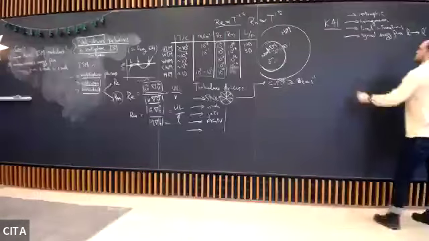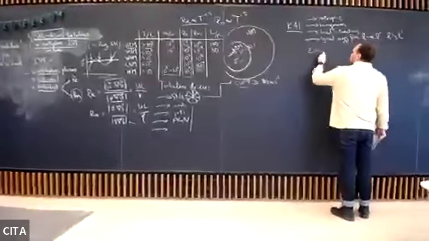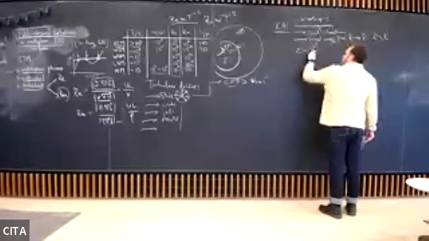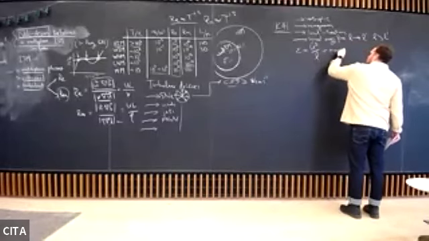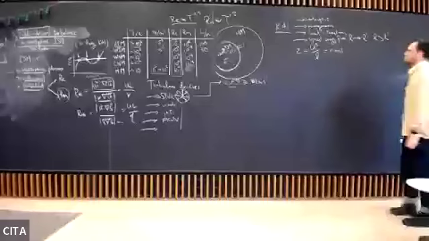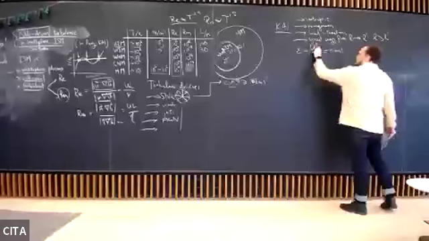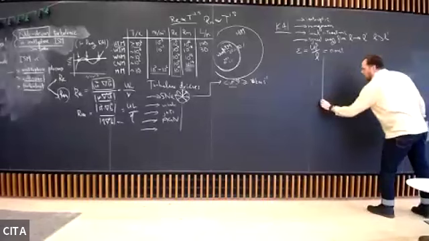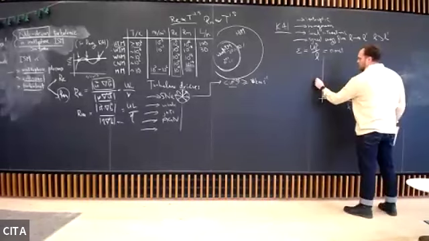So you can derive all of Kolmogorov's results by assuming one thing, and that is that the energy flux, which is just U cubed over L, is constant. So the energy flux on any particular scale L is constant. So what does this look like? Well, let's go to K-space, my favorite space.